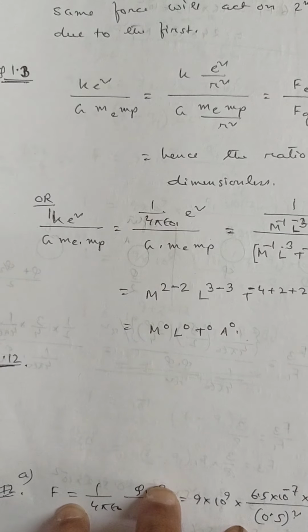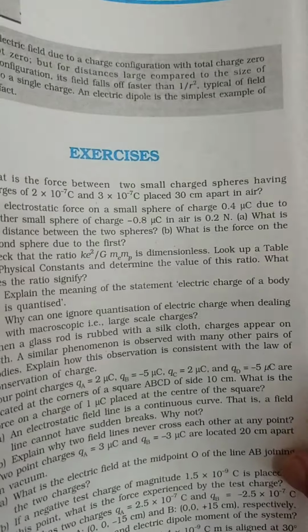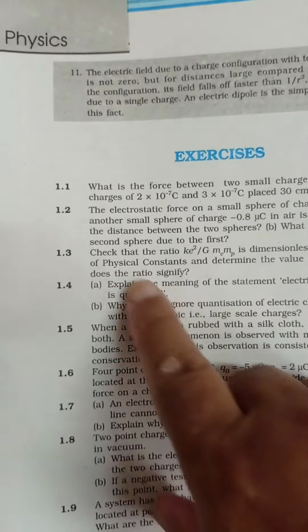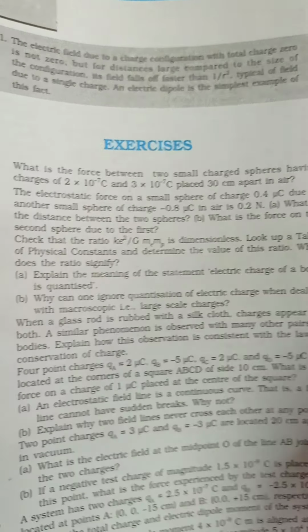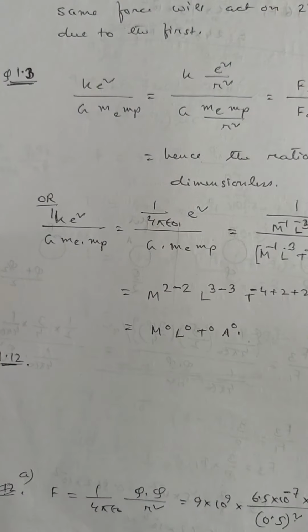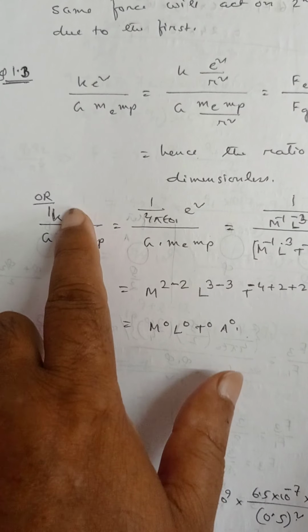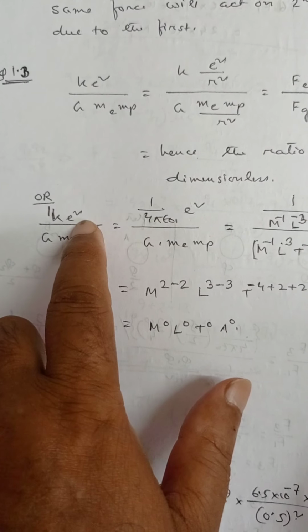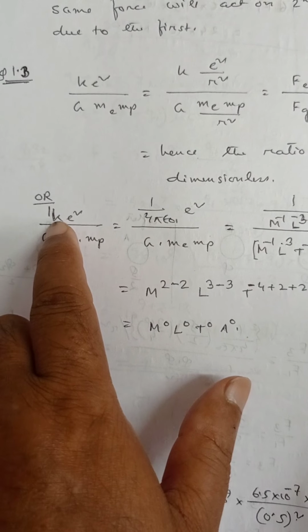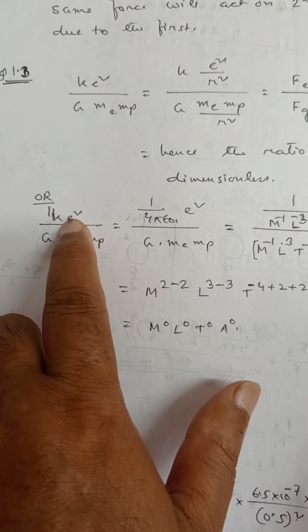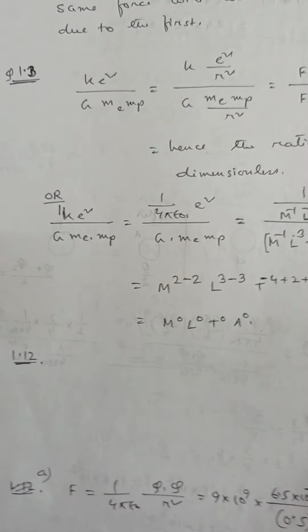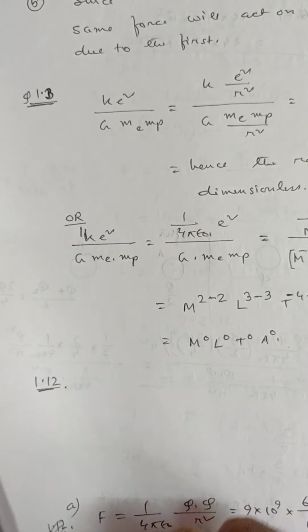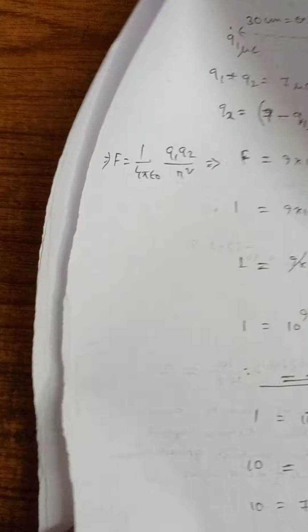There is another part: look up a table of physical constants and determine the value of this ratio. We have to calculate. You put the values. What is k? k means 9 into 10 to the power 9. e means 1.6 into 10 to the minus 19. If we put these values in this equation, this numerical is already done.